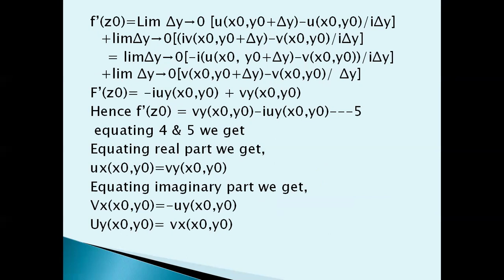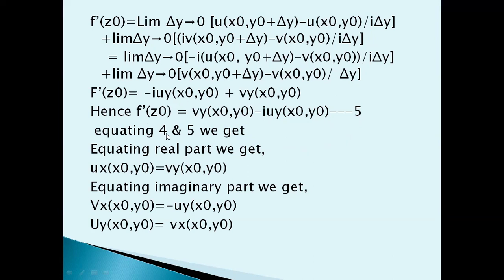Okay, next we take them separately: the real part divided by the denominator, then the imaginary part divided by the denominator. So next we have f'(z0) equal to −i uy(x0, y0) + vy(x0, y0). Hence f'(z0) equals vy(x0, y0) − i uy(x0, y0). We take this equation as the fifth equation, equating 4 and 5.